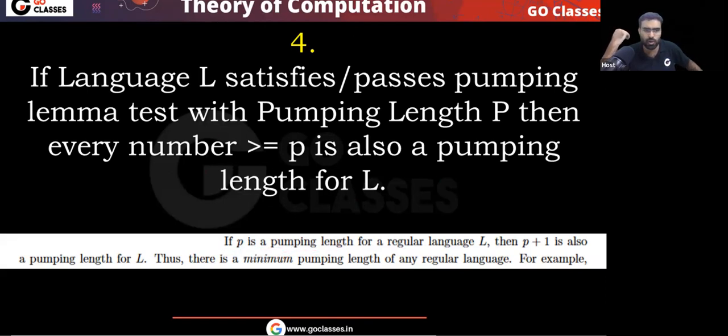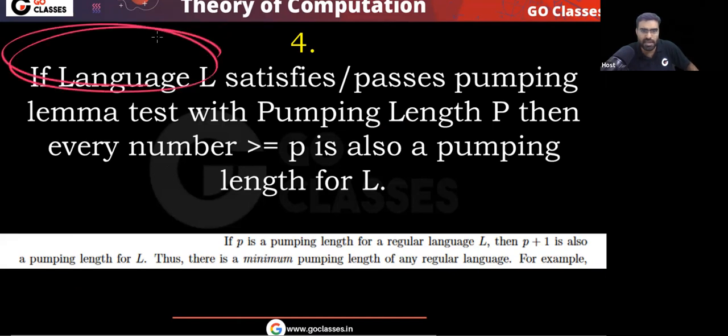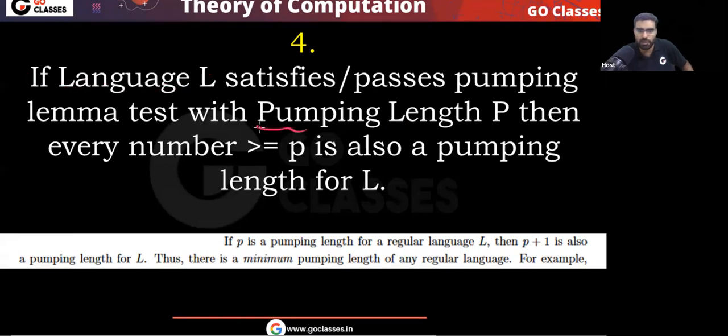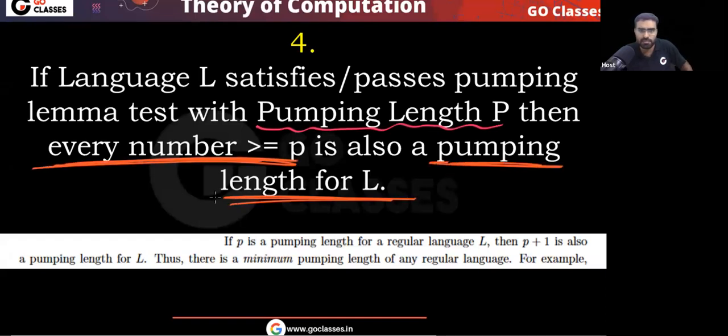So if language L satisfies the pumping lemma with pumping length P, then every number greater than or equal to P is also a pumping length. This also we have already seen.